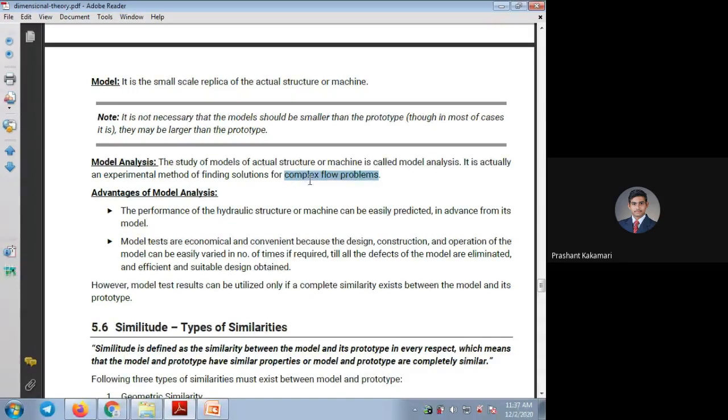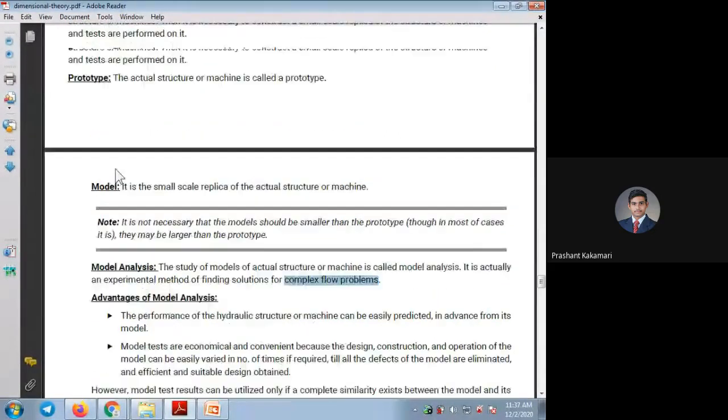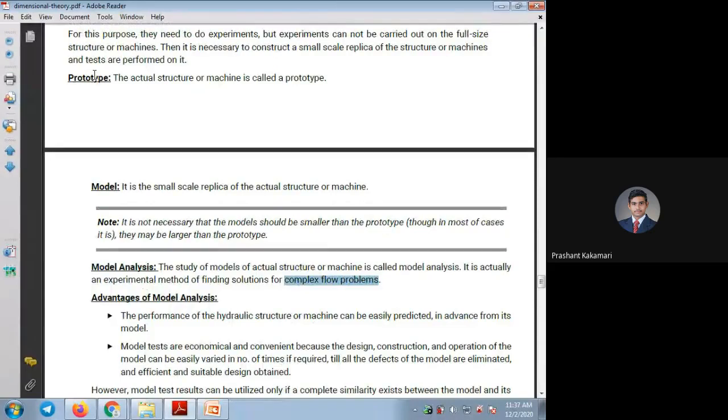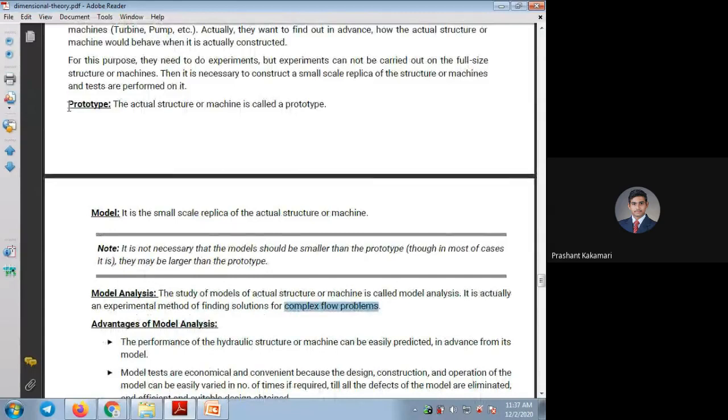Once the combined effects are valuable or can be accepted with the model, then you go for building a big model that is called a prototype, or a small model if a small one is required, which you can also call a prototype. A prototype is the actual machine which is in application. A model is not in application. A model is just a replica of the actual structure and some experiment is done on the model.